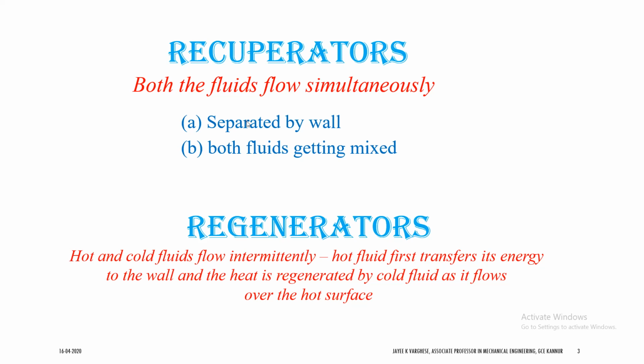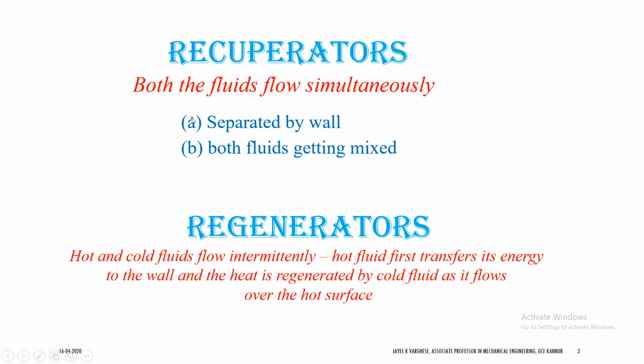But in certain cases, for example in condensers, low pressure, low temperature steam will have to be condensed, and this is made possible by spraying cold water into steam. There is nothing wrong in this cold water getting mixed with the steam. They are mixed together. In this case, there will not be any wall separating these streams. So in precise terms, recuperators can be wall separated type and mixed type.